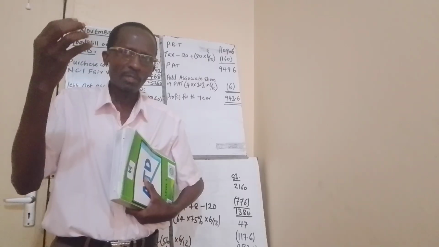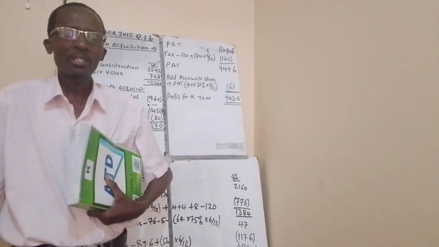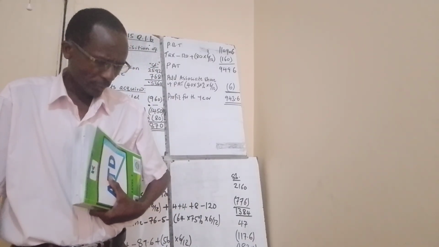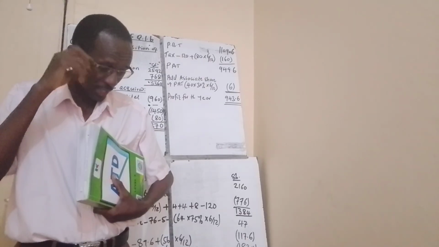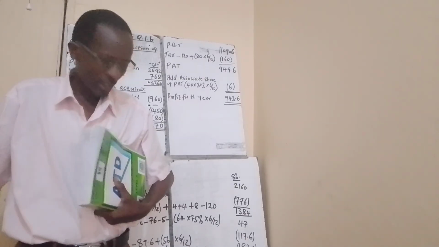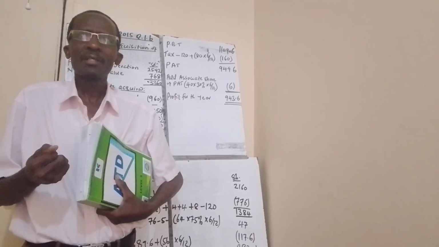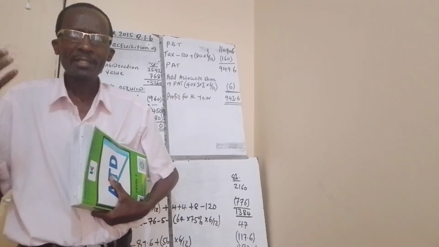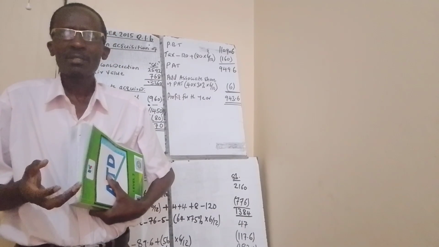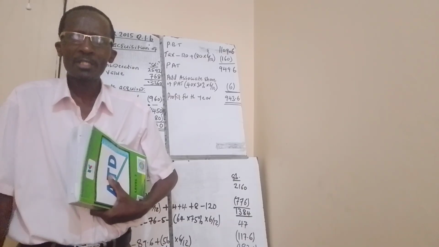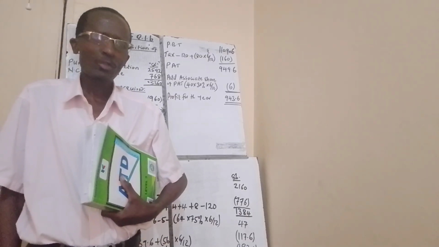That investee becomes a subsidiary. We can also have a situation where the parent has invested maybe less than 50%, but more than 20%, and that becomes an associate.